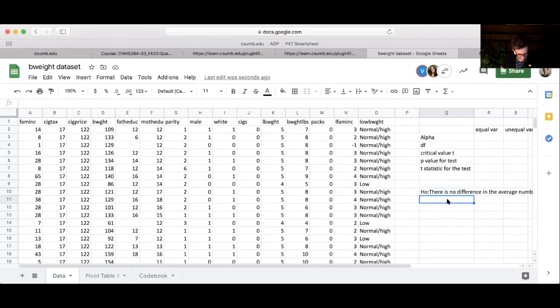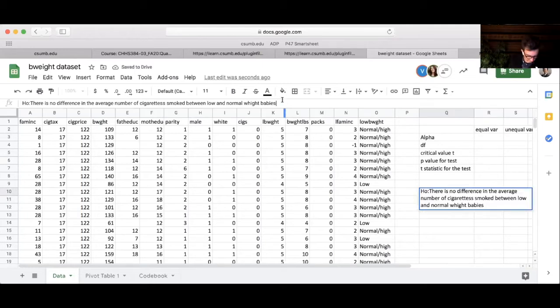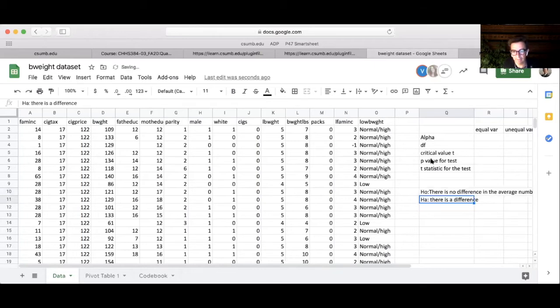Okay. And the alternative hypothesis, of course, is that there is, oh, we forgot something on this one. On this null hypothesis, we forgot to state in the population. And that's a big one, because every hypothesis is about the population.